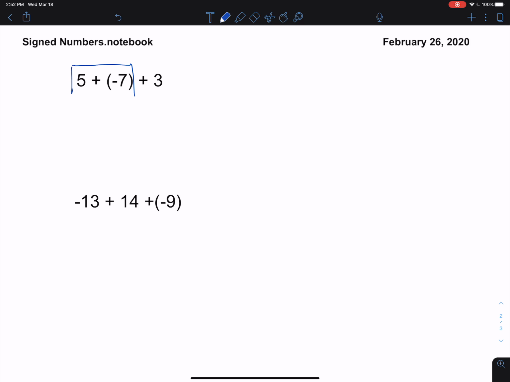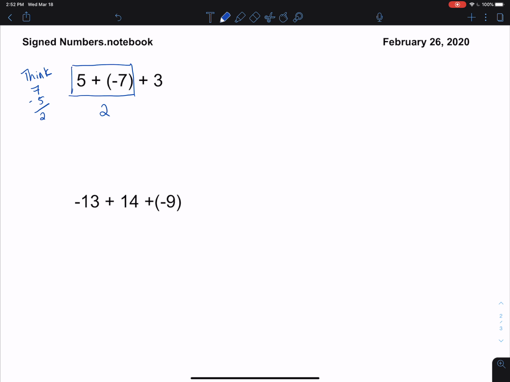So I'm first going to start, because I know I go left to right with addition and subtraction, with my 5 plus -7. They have different signs. So I need to subtract the number parts, the absolute values. So I'm really thinking, okay, what's 7 minus 5? That gives me 2.